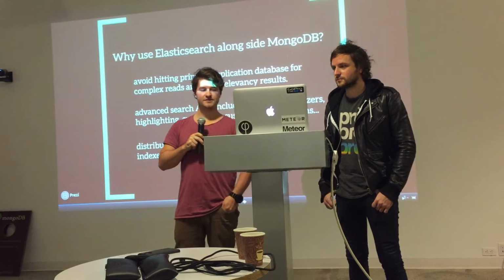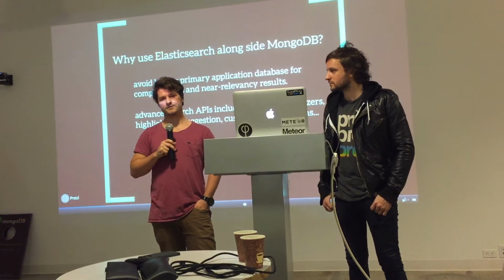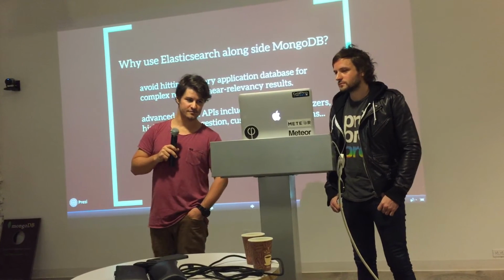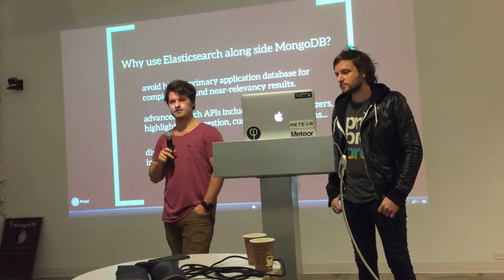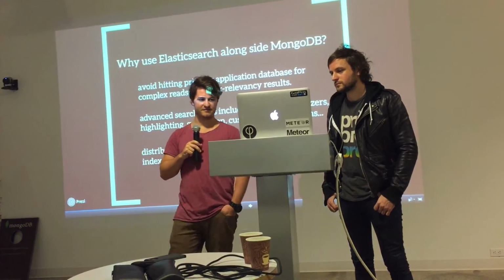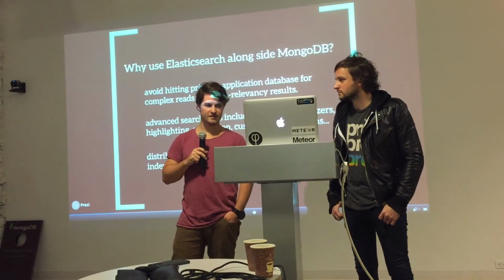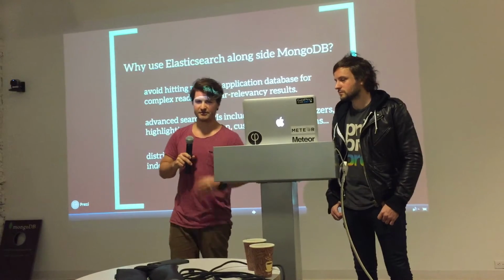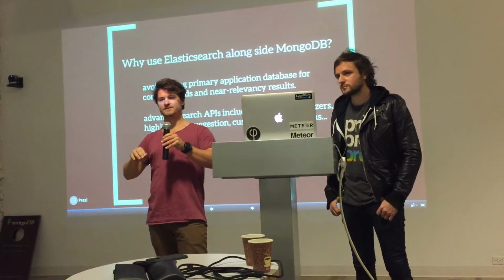And also the scoring algorithm and the scoring functions around Elasticsearch are the best scoring functions out of, I think, any type of search engine database. You can do anything from weighting different fields.